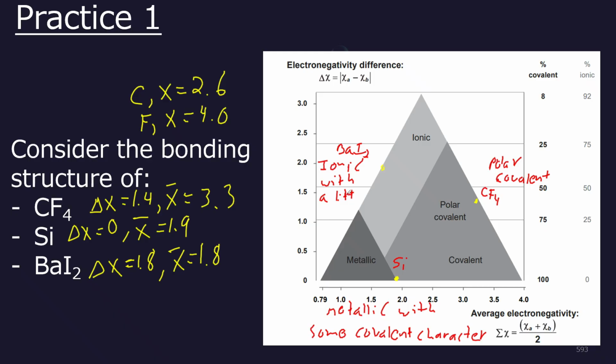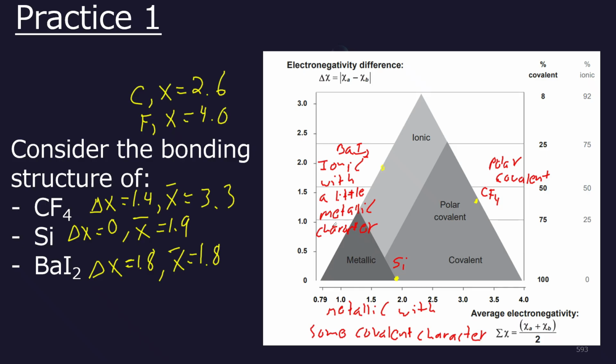It's still not really near the metallic label, but compared to the covalent side, it's much further left. Okay, sorry if that's hard to read. Ionic with a little metallic character, but still it's mostly going to have the properties of ionic compounds.